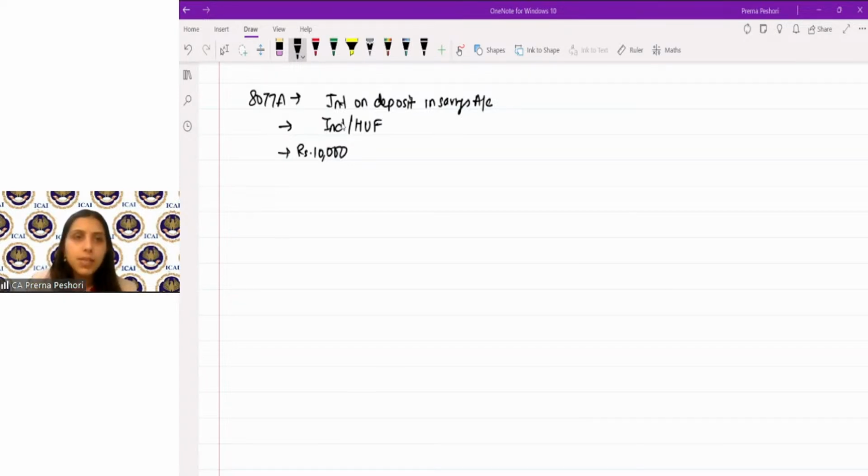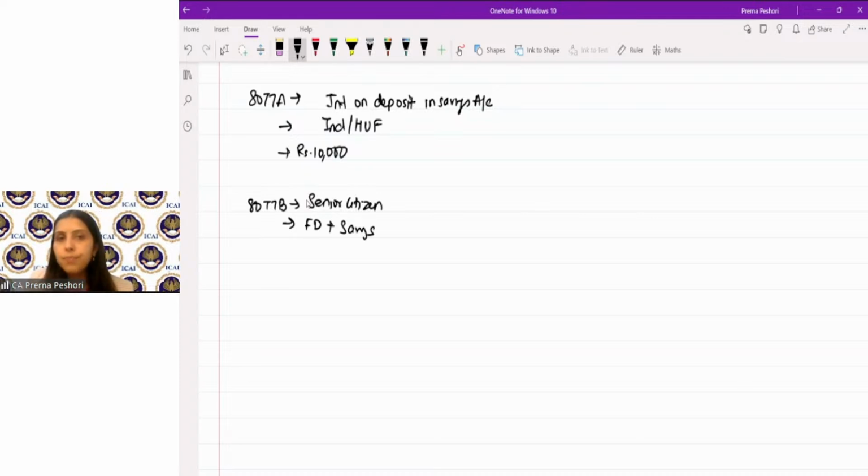Then 80TTB is there. This is for the senior citizens. A senior citizen is again a resident individual over 60 years. If they have income on deposits, this is on the savings account. So this is fixed deposit plus savings.